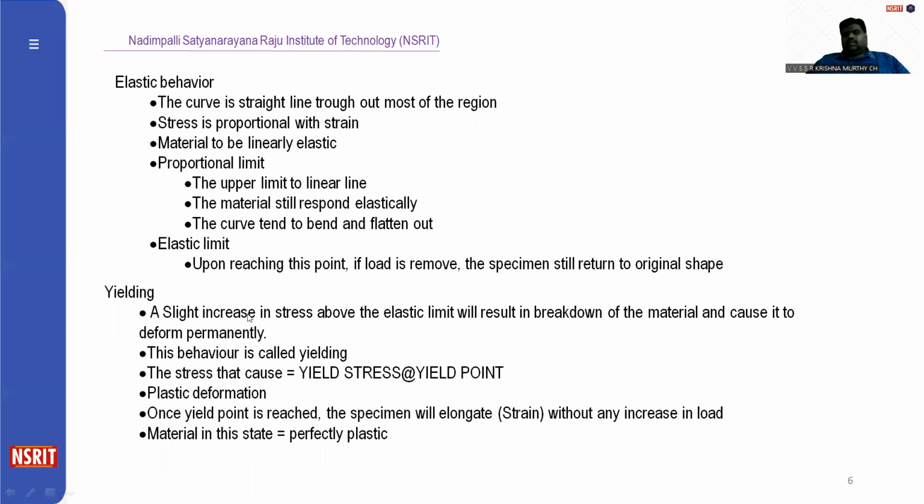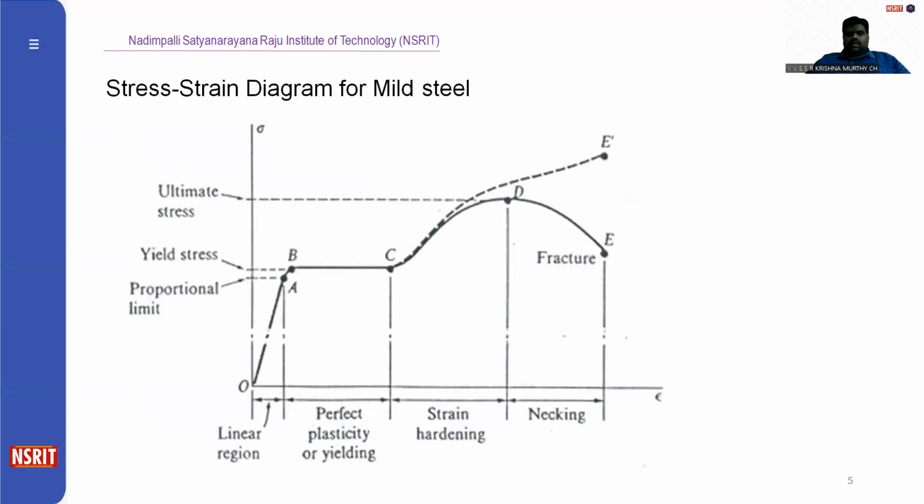After increasing the load beyond the elastic limit, the material does not break down but deforms permanently. That point is called the yield point, where plastic deformation starts and the material is perfectly plastic. If you increase further, it maintains constant stress with perfectly plastic yielding.